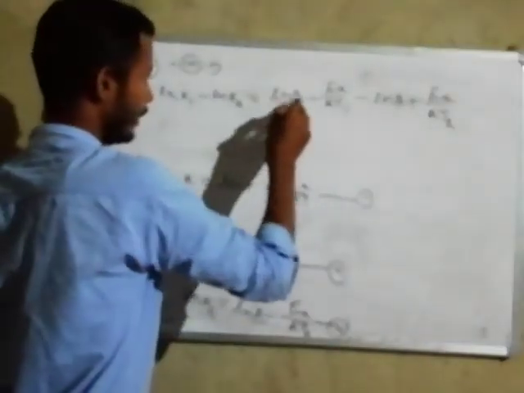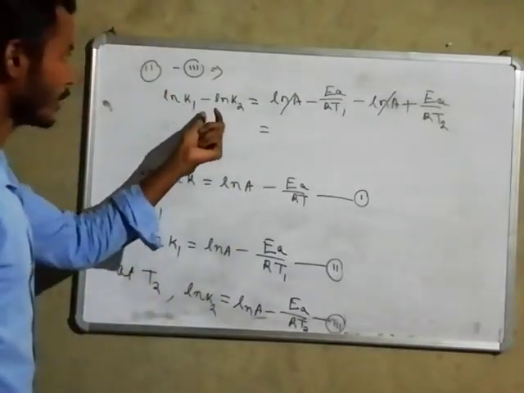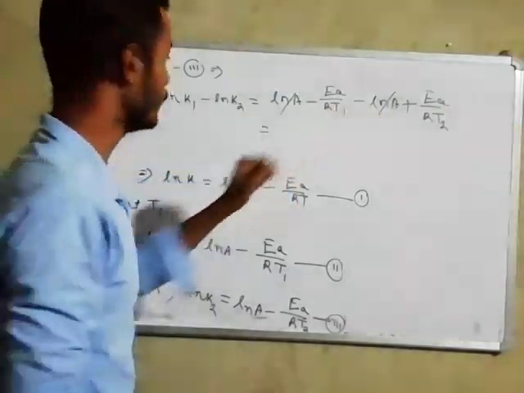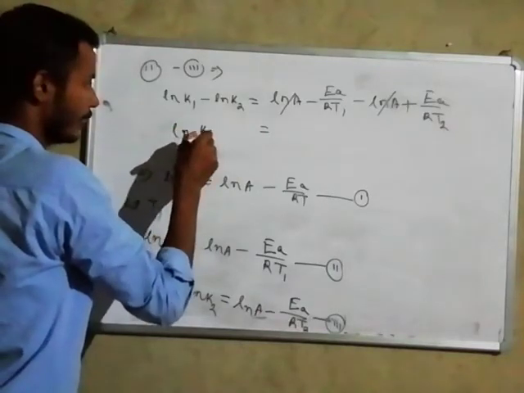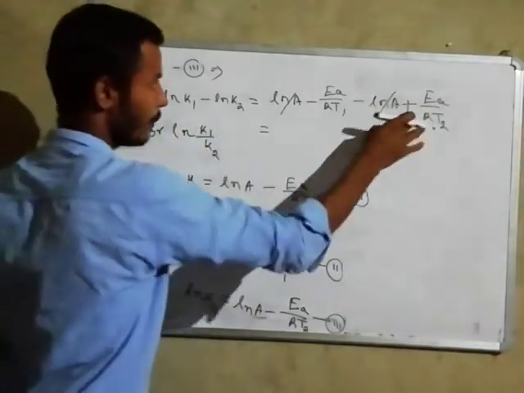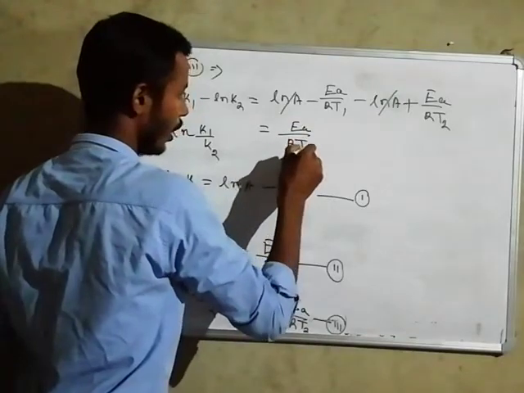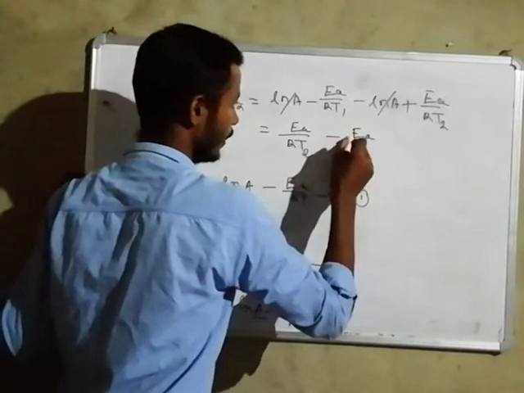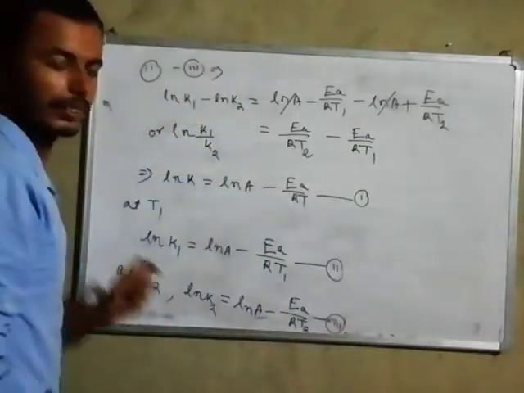Here ln k1 minus ln k2, log of a minus log of b means log of a by b. So ln k1 divided by k2 is equal to Ea by RT2 minus Ea by RT1. Okay?